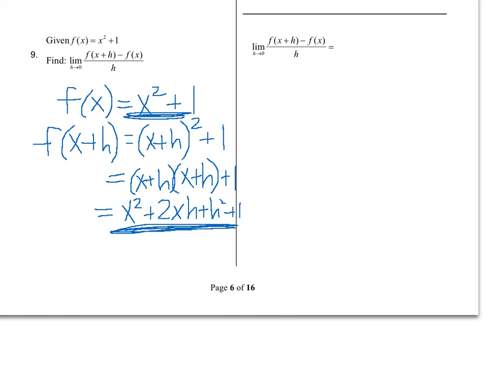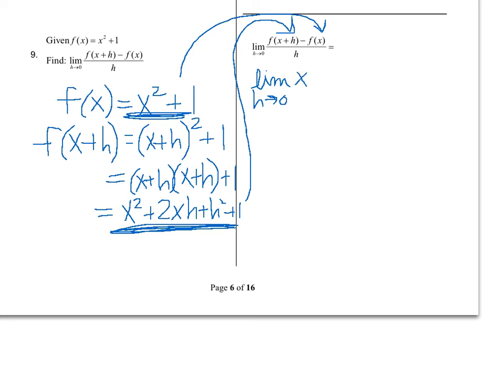This is what f of x is. So I'm going to substitute these into the limit problem itself, and we'll clean it up. The reason that substitution is going to make our lives a little bit easier is now we don't have that function notation to deal with. It just kind of cleans things up.